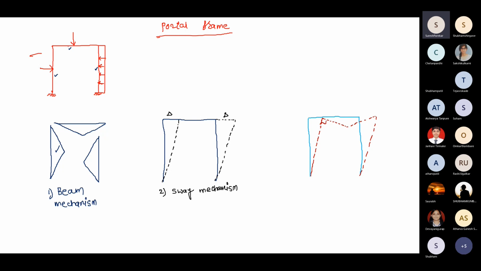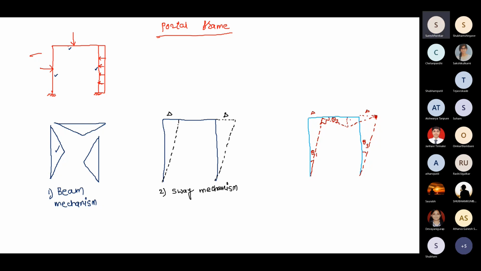Now this remains 90, no hinge will be formed at this point, so that this angle theta and this angle theta will be the same. And then hinges will be here, but at this rigid joint we do not have a hinge because we have this as delta, this as delta, theta 1, theta 2 and theta 3.